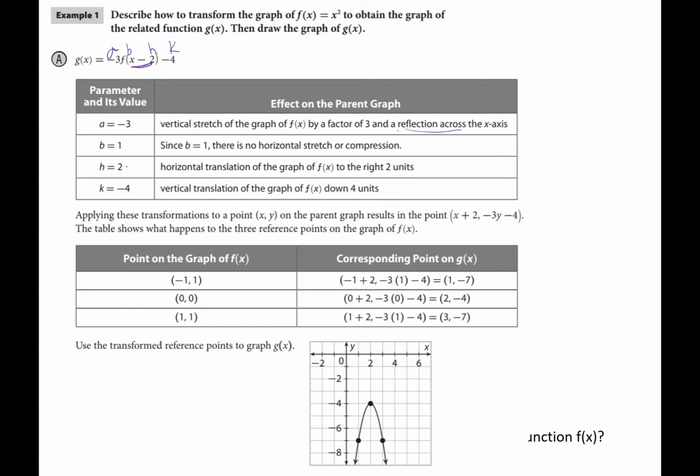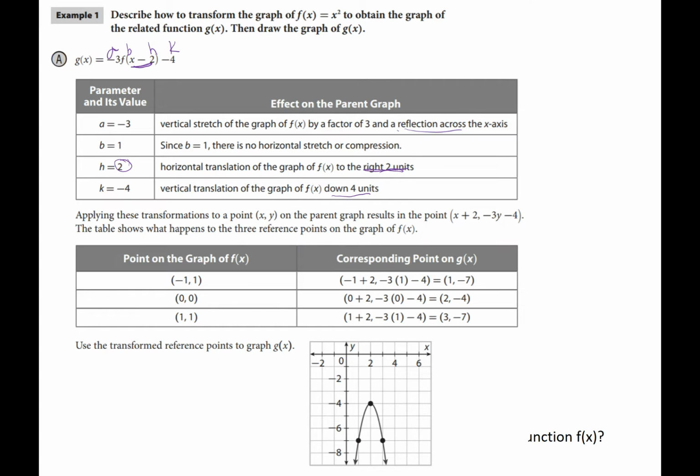So for our h, it's actually a +2. And that's the horizontal translation. When you're in or out of parentheses, it moves to the left or to the right. In this case, it was positive, so it goes to the right 2 units. And then outside the parentheses is our k value, or our y movement, which means it goes up and down. And in this case, the sign does stay the same. So it's a vertical translation of the graph down 4 units.